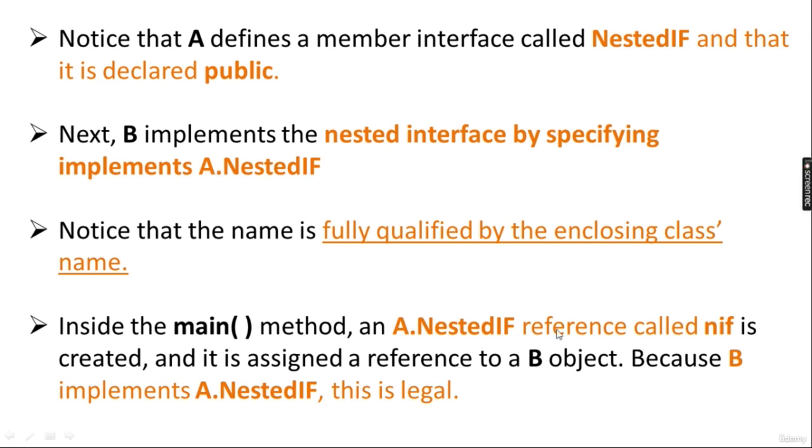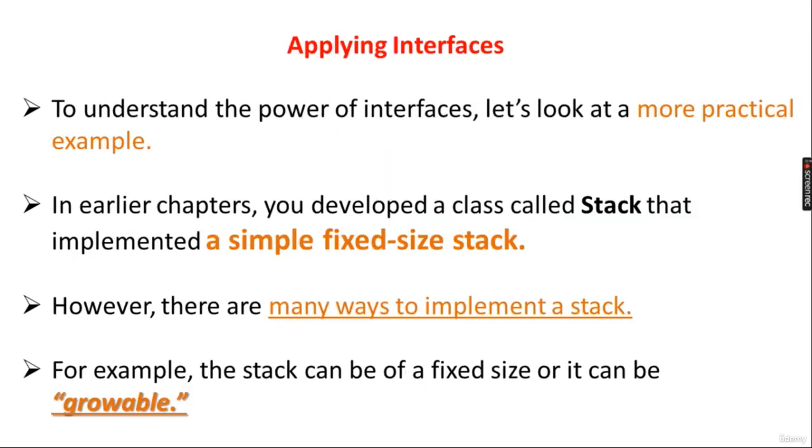Inside the main method, an A dot NestedIF reference called nIf is created and is assigned a reference to a B object, so that it will call B's methods. Because B implements A dot NestedIF, this is legal, and this is allowed because the interface NestedIF method is present.